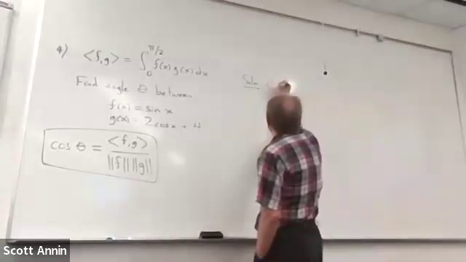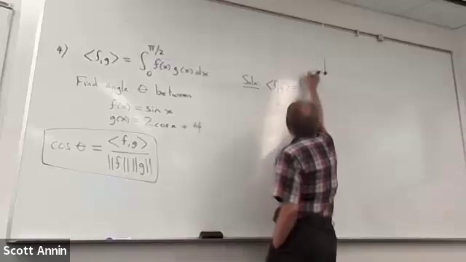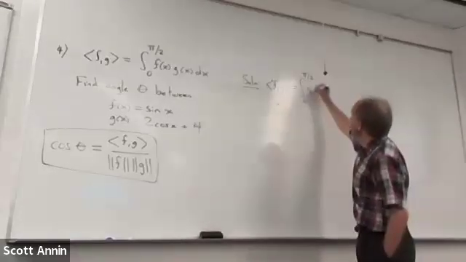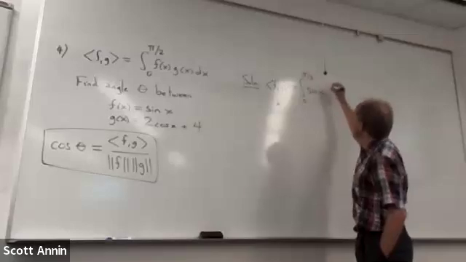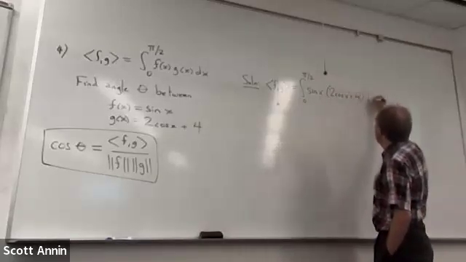So for the inner product of f and g, we're going to integrate from 0 to pi over 2. Now I have to put in the functions. So we have sine of x, and then we have 2 cosine of x plus 4, and then a dx on that.